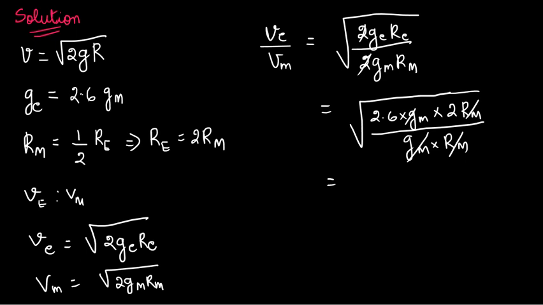What is remaining is 5.2. So VE by VM is root over 5.2.